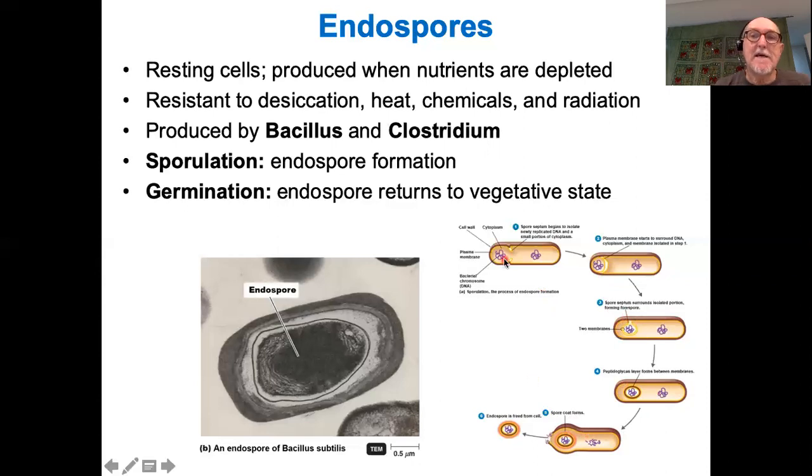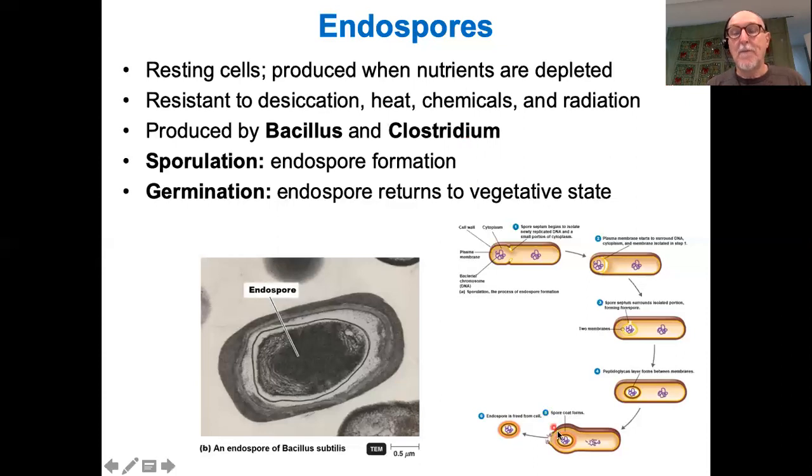This genus here, Clostridium, is very, very sensitive to oxygen. It cannot tolerate oxygen in its environment. It is completely anaerobic. But the spore can exist in oxygen. So the spore can be used to disperse the cells through the air until it finds an anaerobic environment in which it can grow.